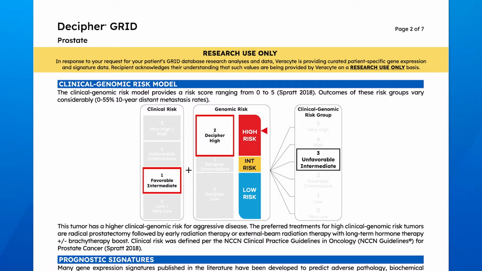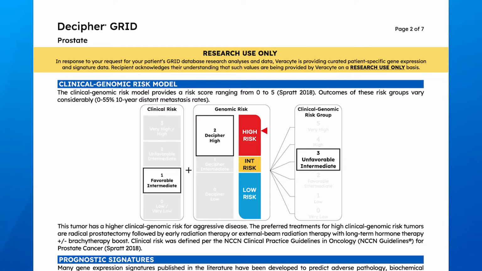The NCCN favorable risk cancer gives them 1 point, and the Decipher high risk category gives them 2 points. So the clinical genomic risk is 3 points in total. And this patient actually behaved more like a patient who is NCCN unfavorable intermediate risk.